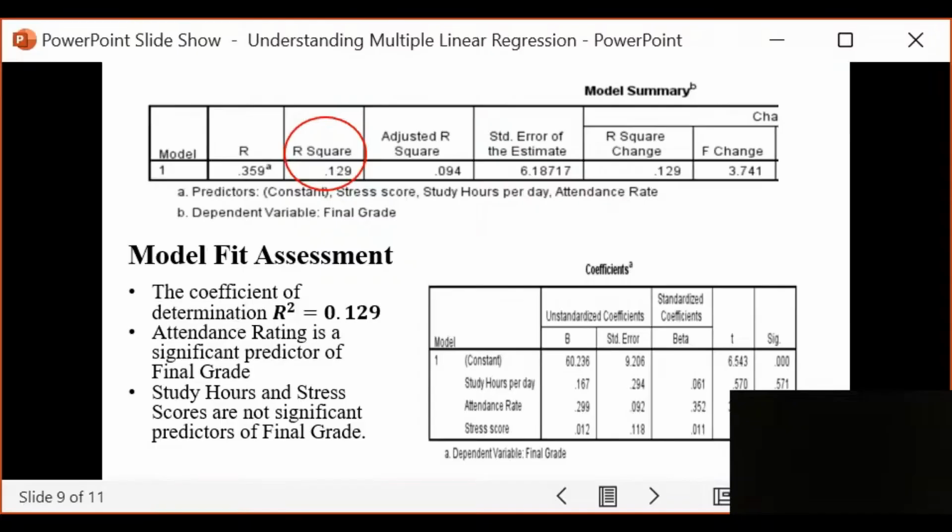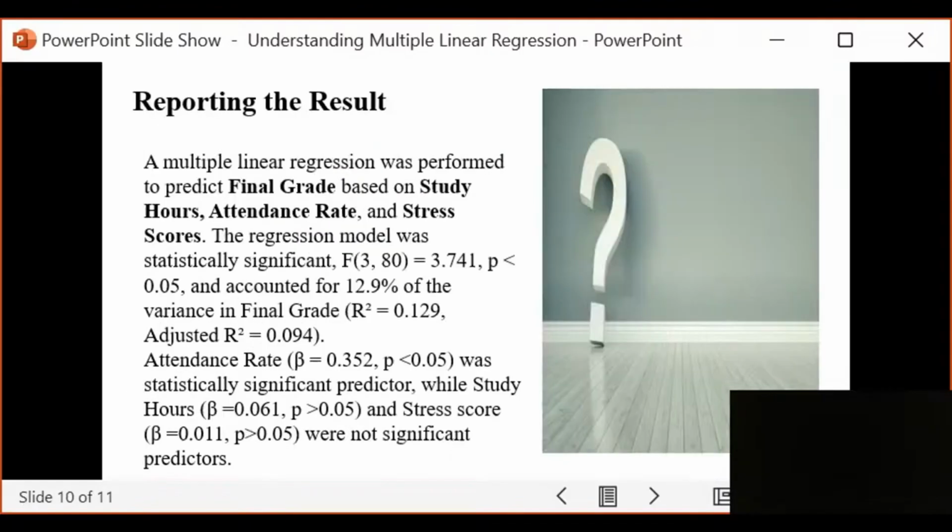Okay, so this table here, the second on the right, will tell us the coefficients of the individual independent variables and their p-values dito sa last column. So actually, ditong table na ito, ang kailangan lang natin is the first column and the last column. Ito lang ang kailangan nating i-interpret.